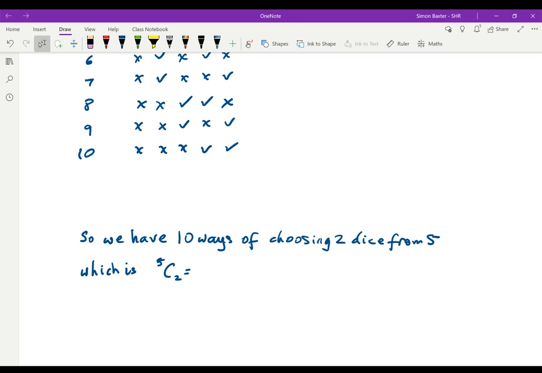That is what we mean by 5C2, 5 choose 2. And if we work that out, it's 5 times 4, that's 2 numbers on the top line, divided by 2 factorial. That is 20 divided by 2, which is 10. So that agrees with what we had.